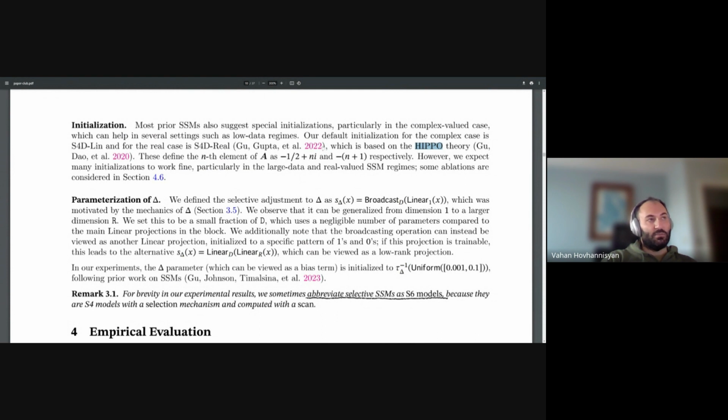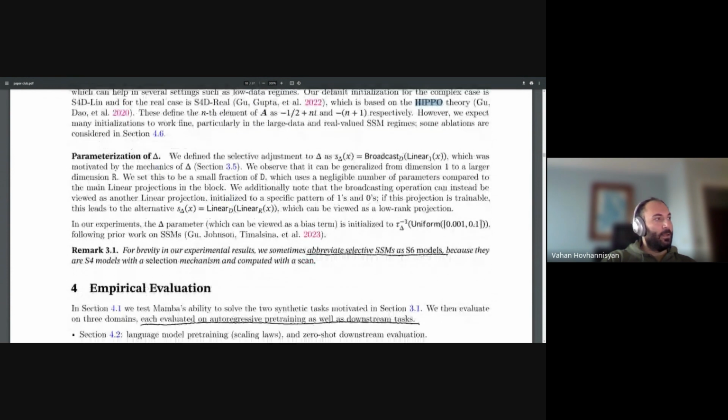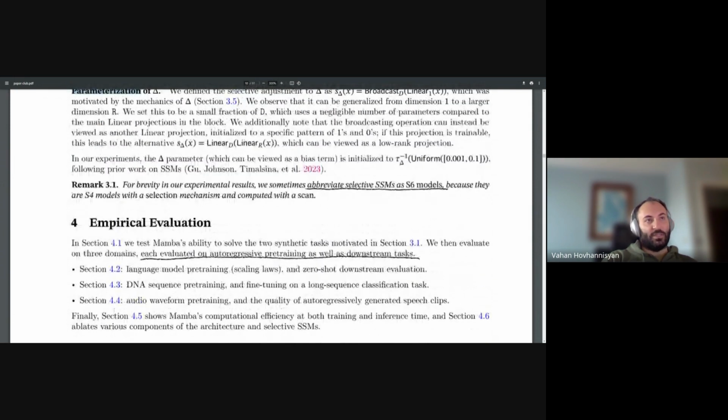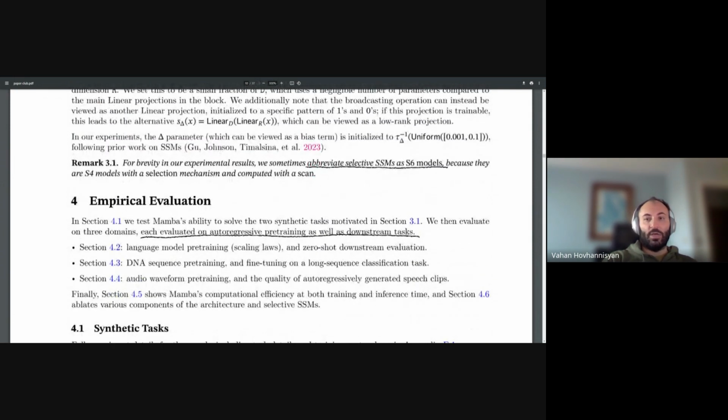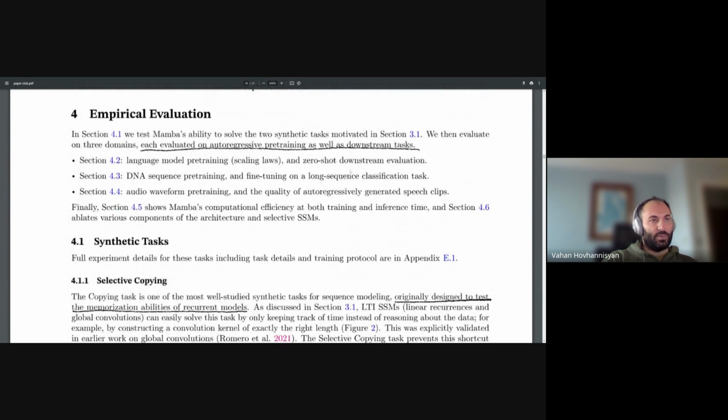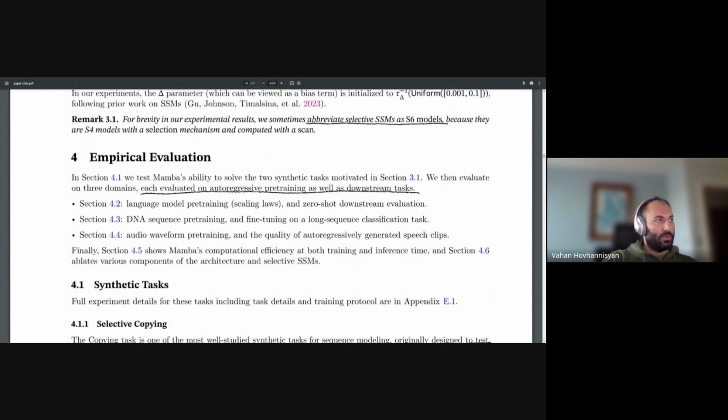If you're interested, you can read the paper. Parameterization of delta: nothing too important here. It's fine. They give lots of very specific details about how the model was trained, everything really, which is really cool, to be honest. They also call their model S6, but I think they always refer to it as Mamba in the experiments.